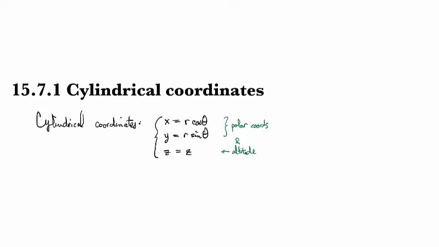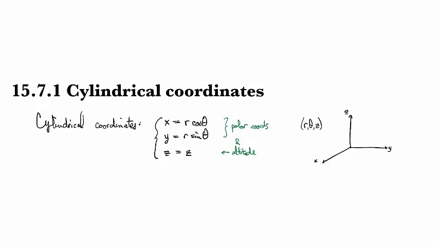All right, so the way that this describes a point in space, if somebody gives you the r, theta, z coordinates of a particular point, then what you want to visualize is something that looks like this.